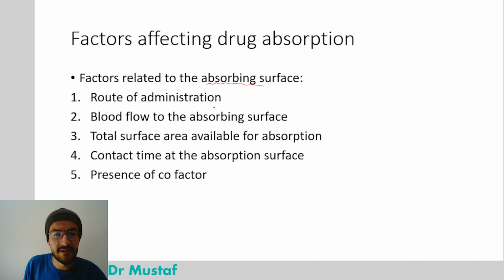In the routes of administration, the fastest route is the IV route, and then the intramuscular route, and then the subcutaneous route and the inhalational route. And the slowest route is the oral route.